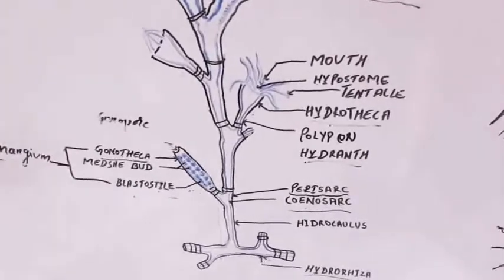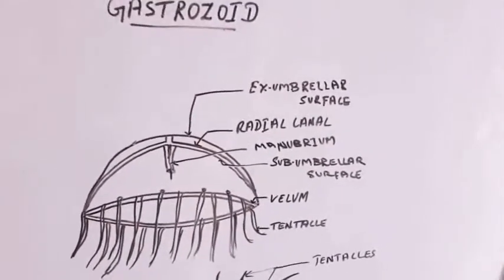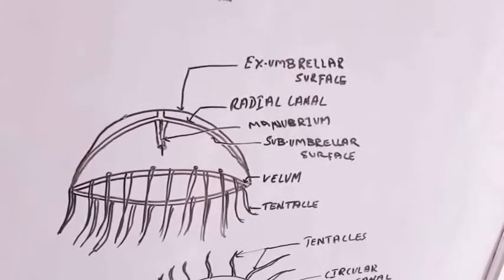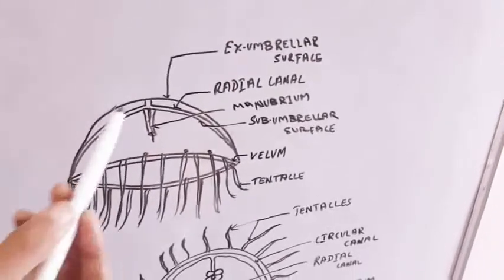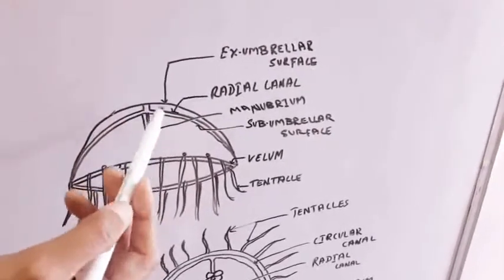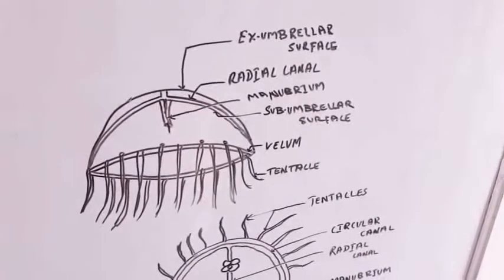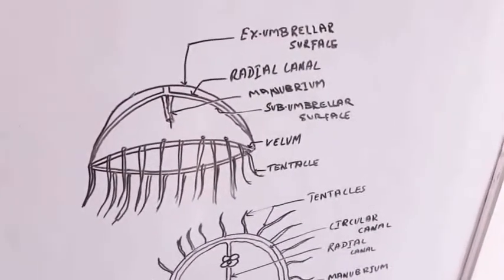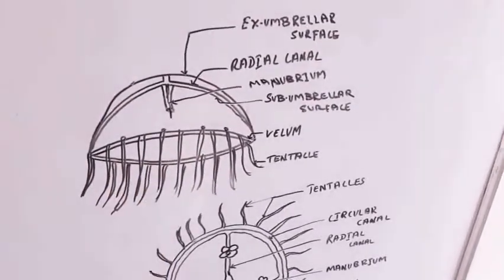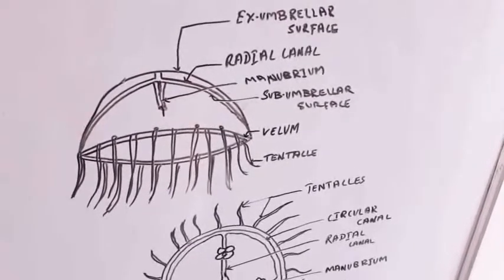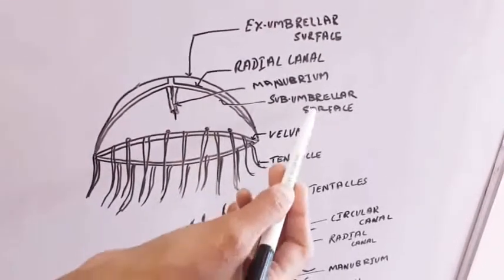Here the medusa is saucer-shaped, umbrella-shaped or cup-shaped, an inverted cup-shaped structure. The convex outer surface of the umbrella is called the exumbrellar surface, and the inner concave surface is called the subumbrellar surface.